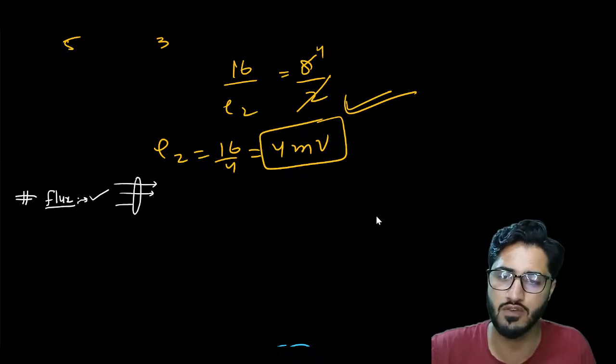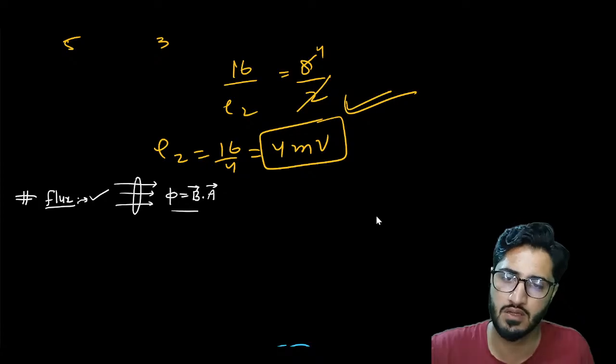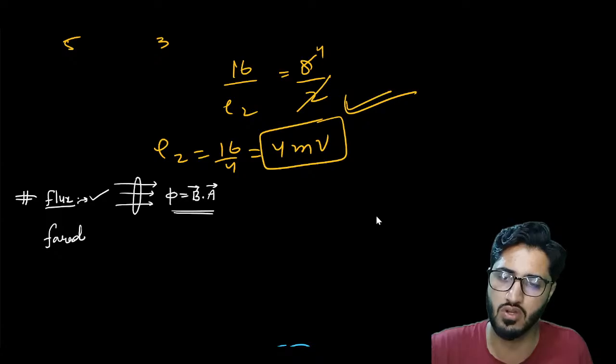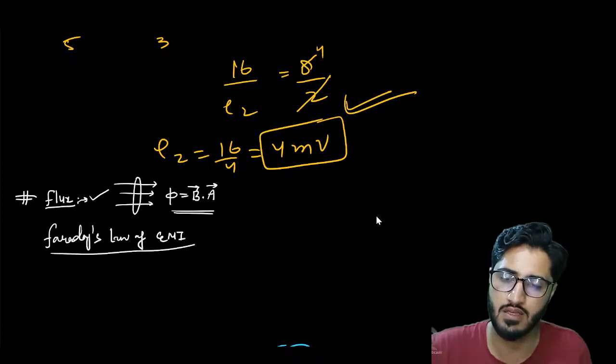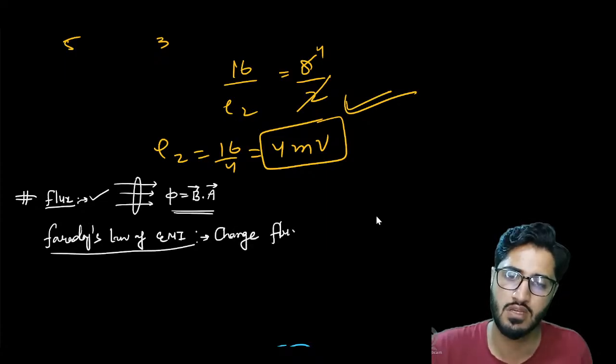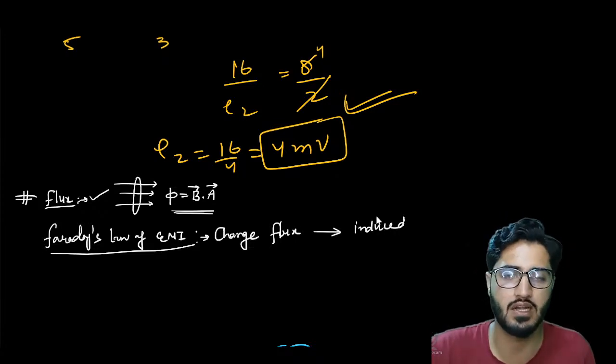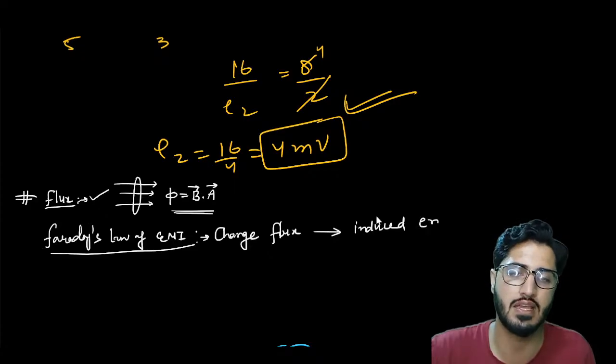That is your flux denoted by phi, and it is B dot A. Then we discussed Faraday's law of EMI. It stated that a change in flux is responsible for getting our induced EMF. Induced means the affected one.